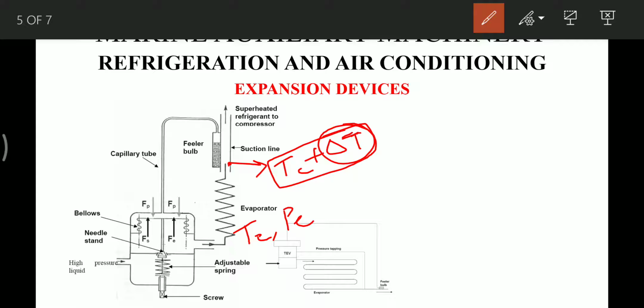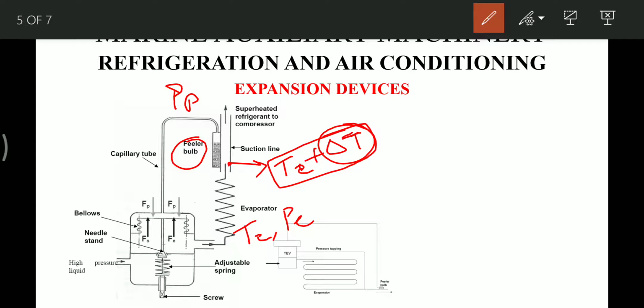So the pressure inside the power fluid, or inside the filler bulb, or in the capillary tube, let's suppose it is PP, which is the saturation pressure corresponding to temperature TE plus delta T, as this bulb is directly in contact with the exit of the evaporator.